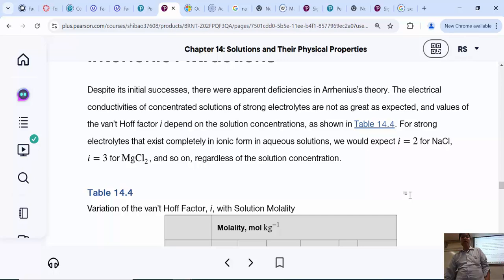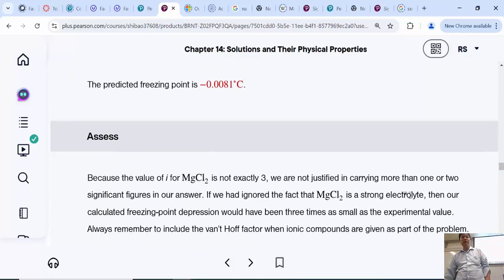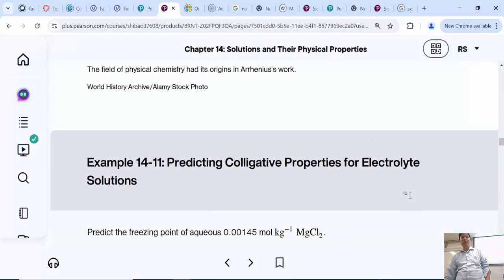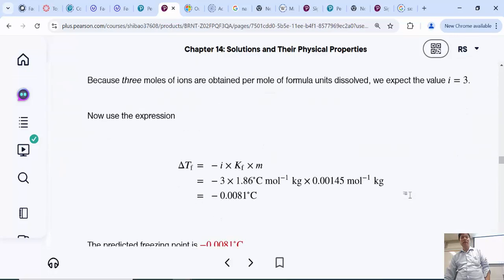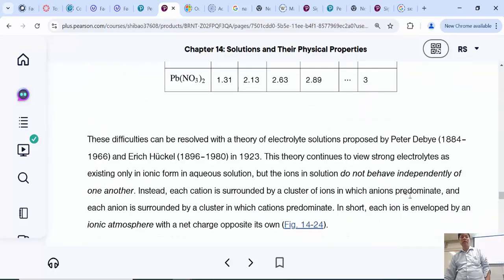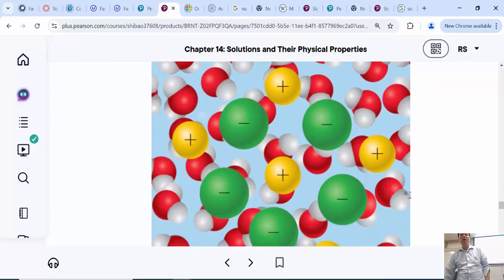Ion pairs, well, we look at that table. There's a figure in this book. Hopefully they have it here. Let's see, they have the figure. Yeah, or ion clusters. So they don't behave independently. Let's say if you have a pair here, then they aren't independent ions anymore. They're a couple.